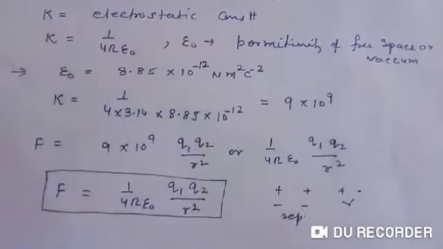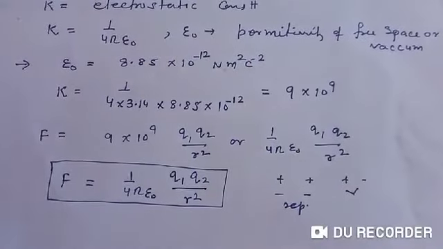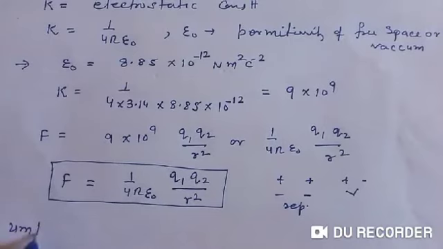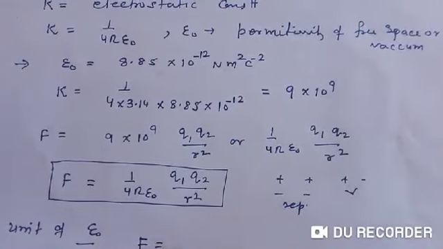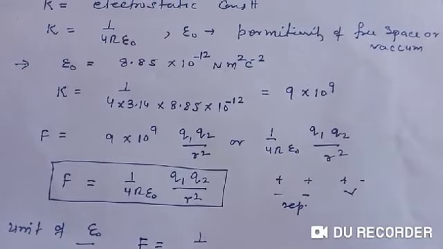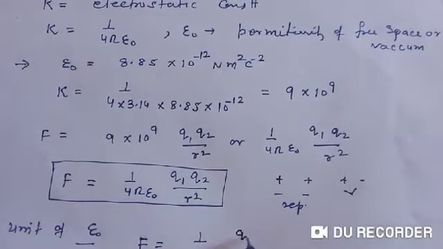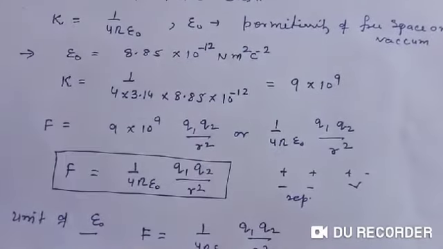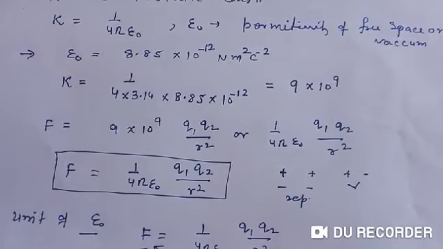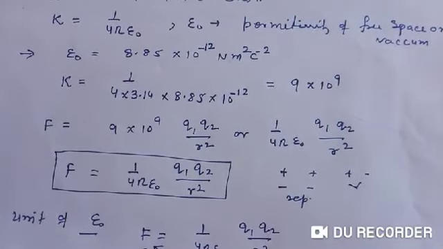Now, the unit of epsilon 0 can be found. A 1 mark question can come here. So if you have to find the unit of epsilon 0, you can take F equal to 1 upon 4 pi epsilon 0 Q1 Q2 upon R square, right? So just make epsilon 0 the subject.